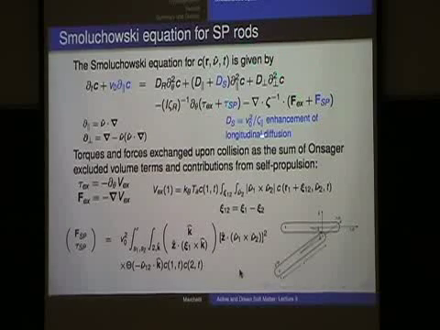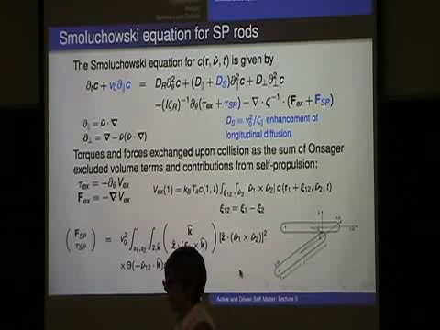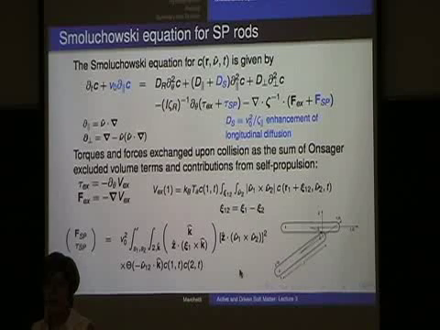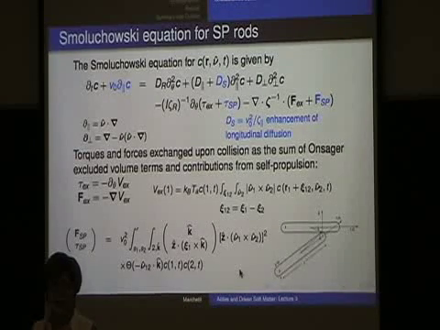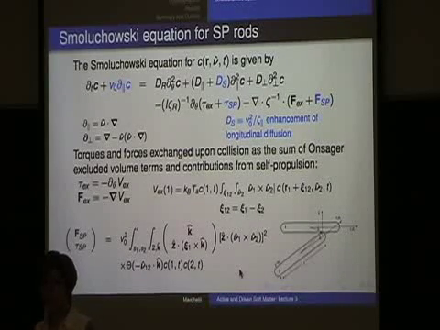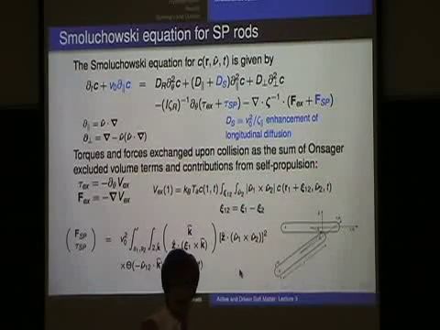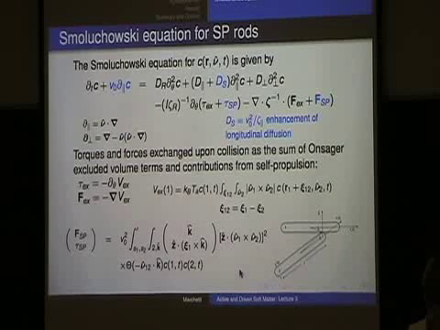And in order to actually do this, there is another assumption you have to make. As soon as you have self-propulsion of the rod, you're coupling velocity with orientational degrees of freedom. And so there are some correlations between velocity and orientational degrees of freedom that have essentially been neglected here. That's the main approximation that has been made.